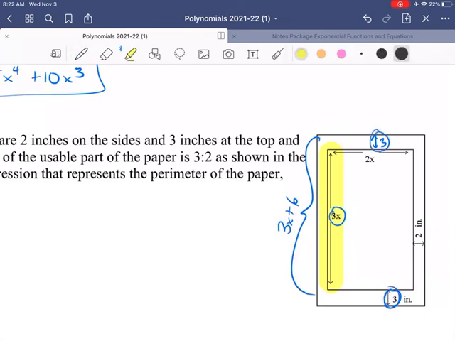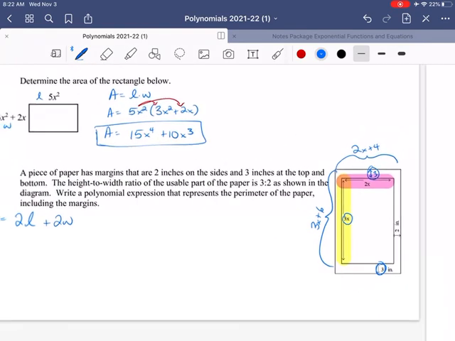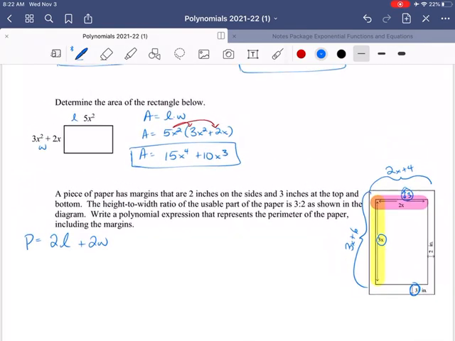And following the same sort of thinking, this part here is 2x, and the margins are 2 inches. So the width is going to be 2x plus 4. Okie dokie. So we've got the length, we've got the width. So length is equal to 3x plus 6, and the width is equal to 2x plus 4.